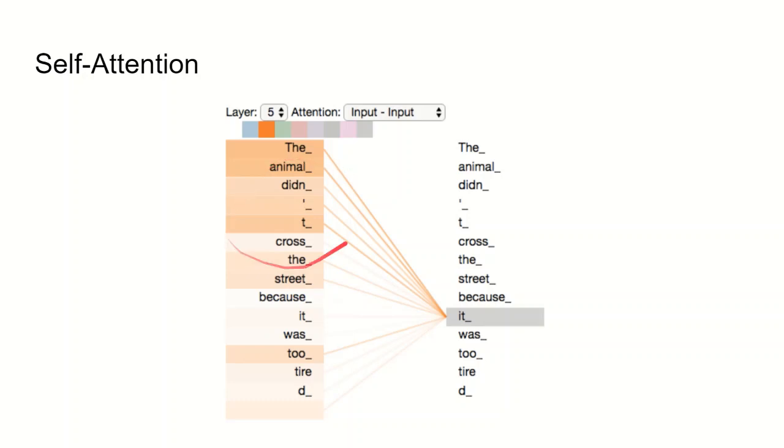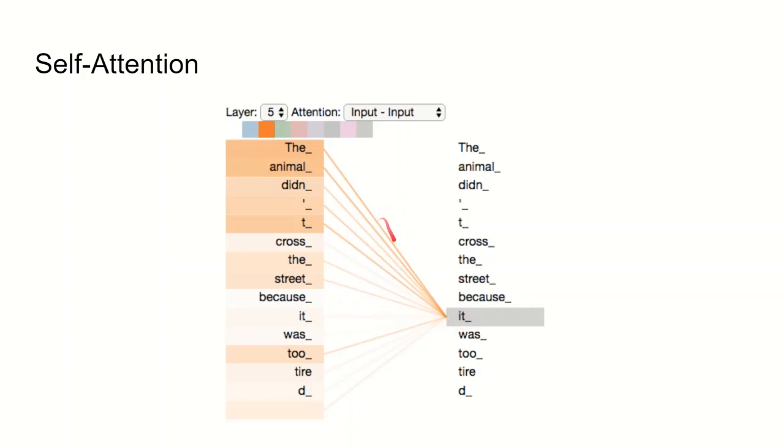For example, in this sentence, here we have the word "it," which is a very vague and very general word that could refer to any single thing. But in this case specifically, we can see that our network has learned that "it" refers to the animal specifically.